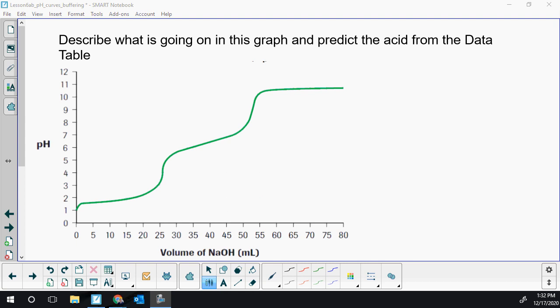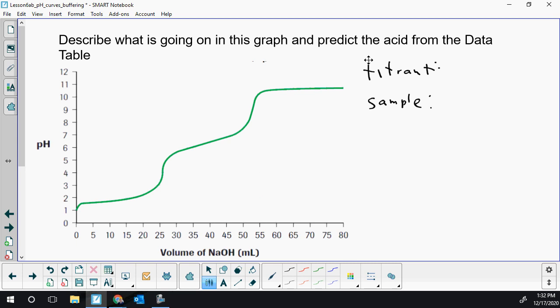Here, we've got a pH curve with no chemicals. So I'm asking you, what do you think the titrant might be? And what do you think the sample could be? We'll brainstorm either an answer or possible answers that would go with this.